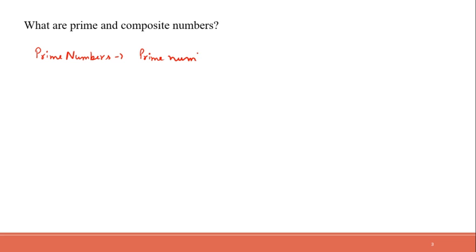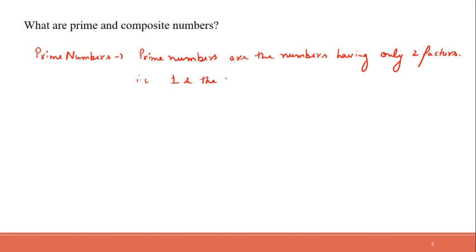Prime numbers are the numbers having only two factors, that is 1 and the number itself.